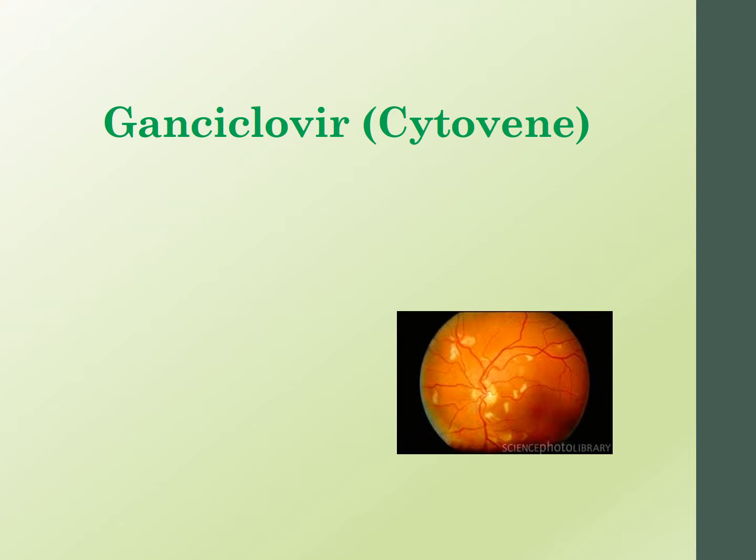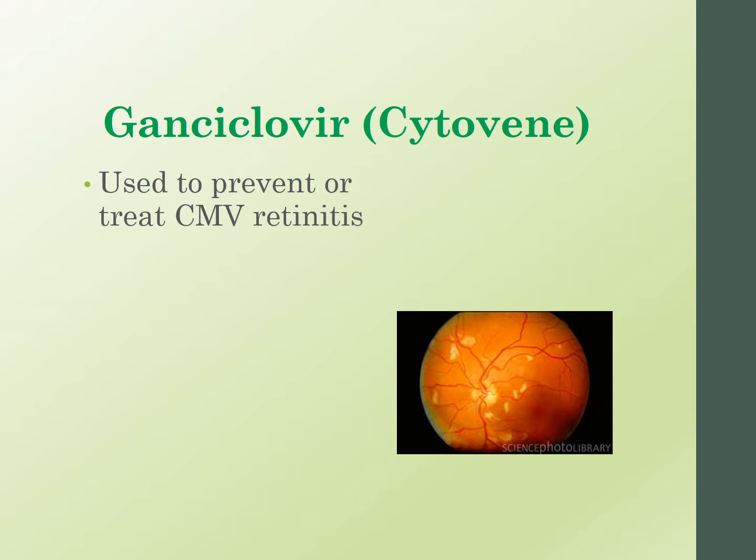Another antiviral medication that we want to look at is ganciclovir or Cytovene, which is used to prevent or to treat CMV retinitis. Signs and symptoms of CMV: it can be asymptomatic.